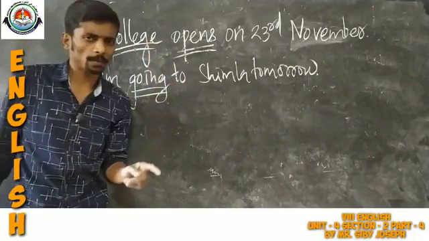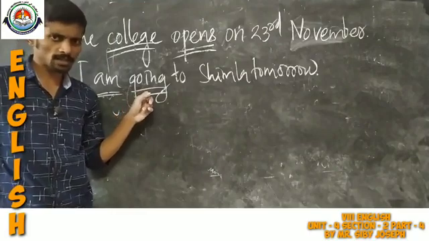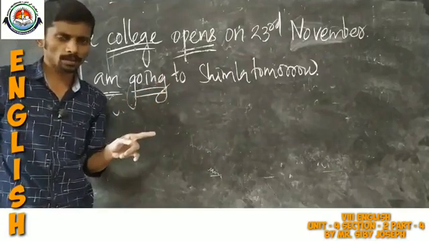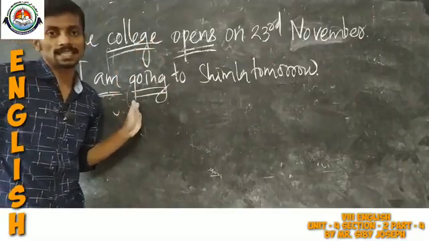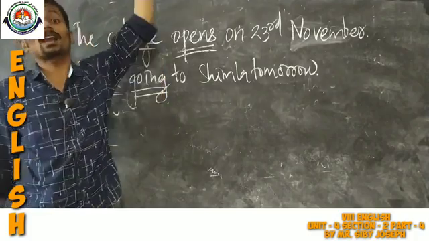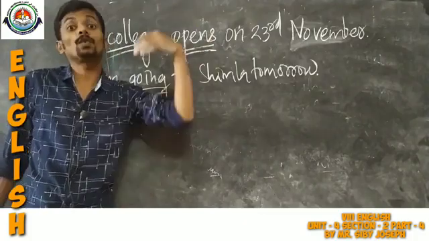I am going to Shimla. Is it something related with a continuous action that is happening at the time of speaking? No. In both of these sentences, it has a future connotation.